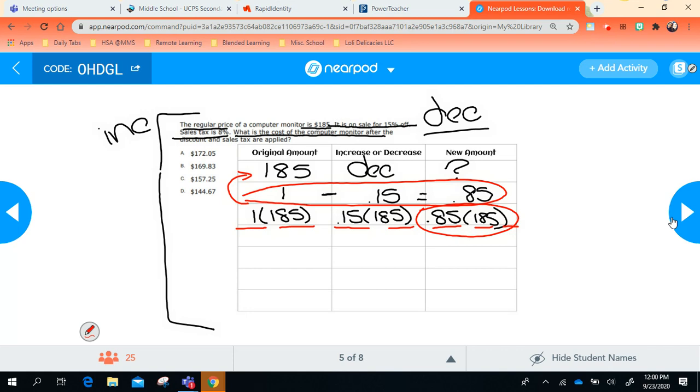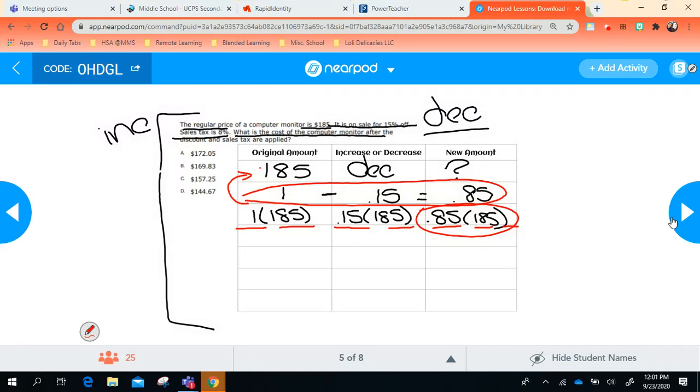And then you get to the register and they're like, okay, you also have to pay tax. Are you paying tax on the original amount or are you paying it on the discounted amount? You're paying it on the discounted amount. So that's what we're doing by doing these steps.